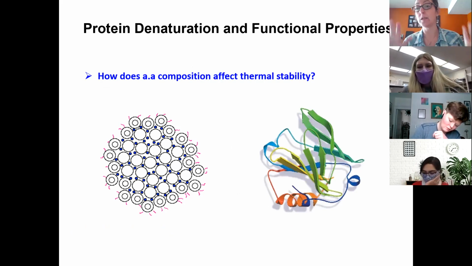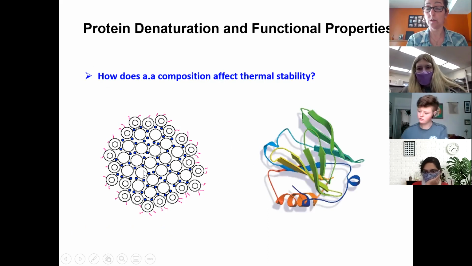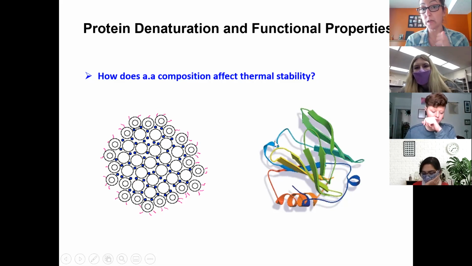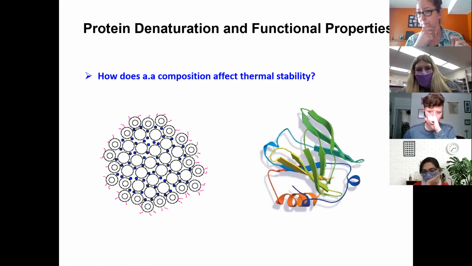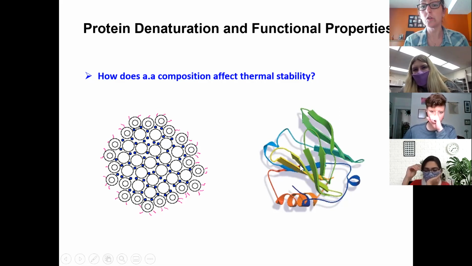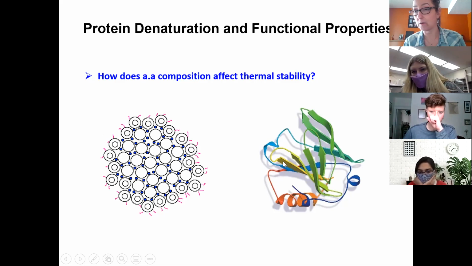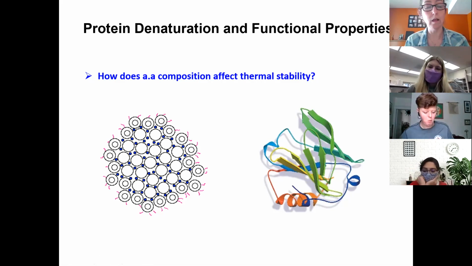We'll learn about it in more detail when we cover dairy protein. But the amino acid composition of the casein is different than the whey protein, giving it different secondary and tertiary structure. So that impacts how the protein is impacted by temperature. For example, whey protein denatures around 70 to 75 degrees C. Casein protein denatures up to 140 degrees C.